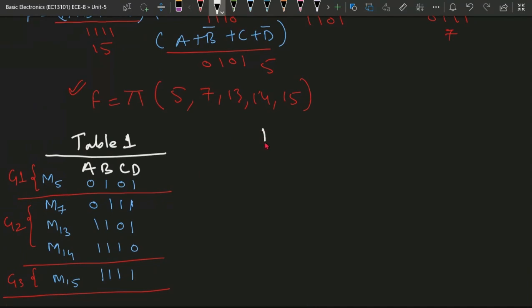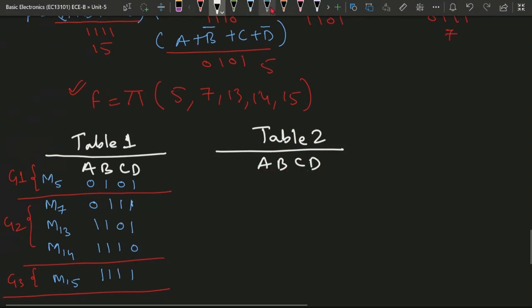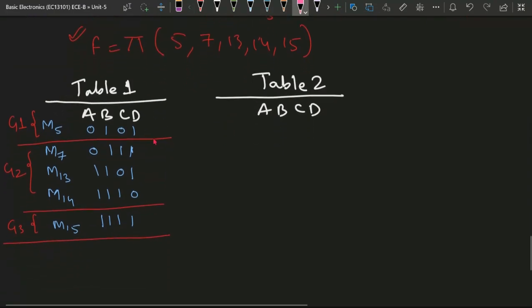Now we will be creating table 2. Table 2 will have the data with respect to the grouping, done by comparison. We will compare the elements of group 1 with the elements of group 2. So M5 will be compared with M7. You can just see that 0 0 same, 1 1 same, 0 and 1 different, and this is same.